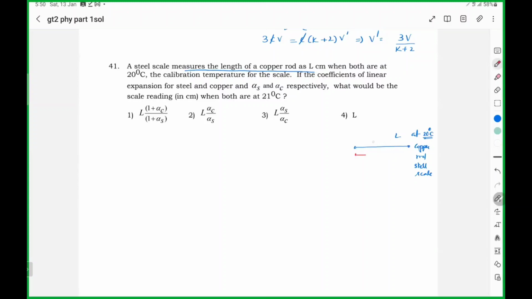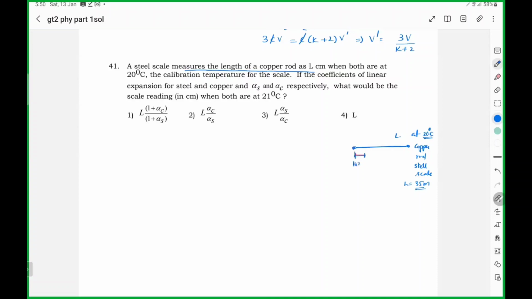So at 20 degrees centigrade, the length of the copper rod is assumed to be 35 meters.